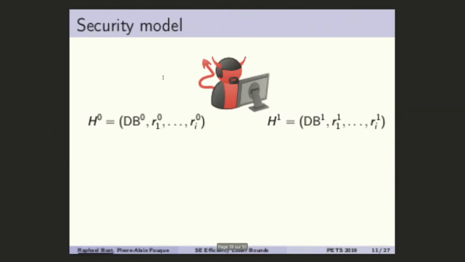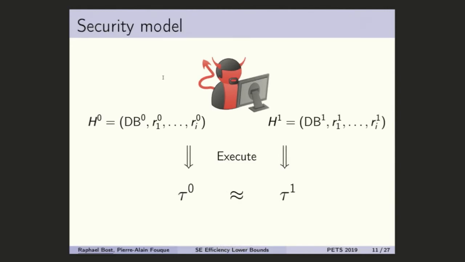Right. And we suppose that the scheme is secure when, after the execution, we end up having transcripts of the execution of the search and update protocol between the client and the server, and the adversary is not able to distinguish between those two transcripts. All right.